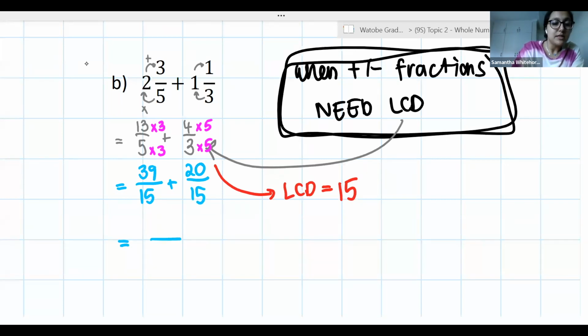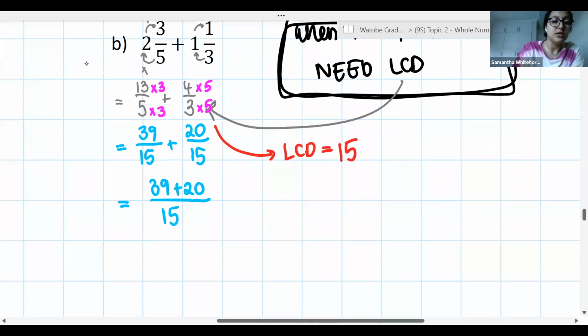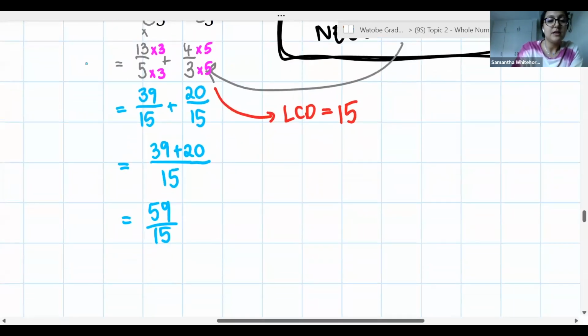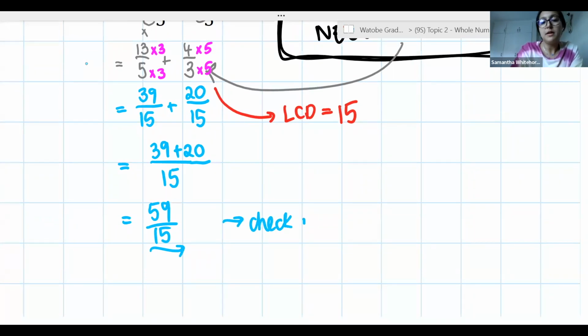Now, because we've got the same denominator, we can write this as one fraction. And so all I actually need to do is add together my numerators. Let me fix that weird looking 3 there. And so 39 plus 20 is 59 over 15. Now, guys, you always want to check if you can simplify. If you want a quick way to do that, type it in on your calculator.